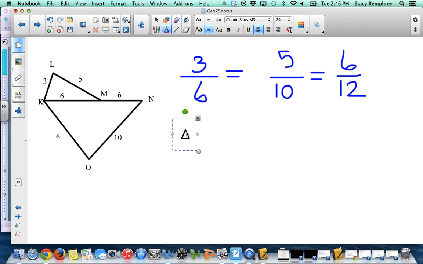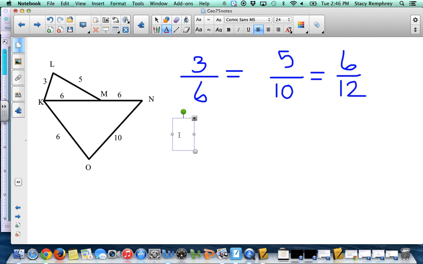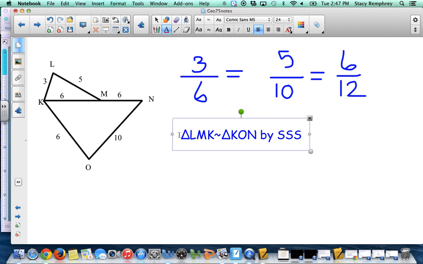Here we can say triangle LMK is similar to triangle KON by SSS similarity. So it all depends what you're given and whether you can prove them or not. So that concludes 7.5.